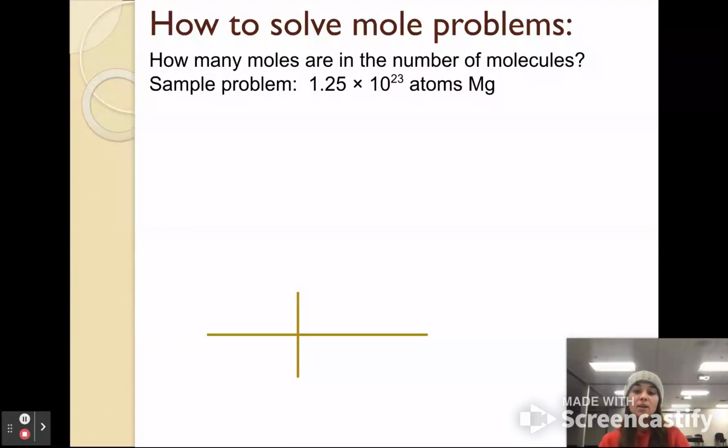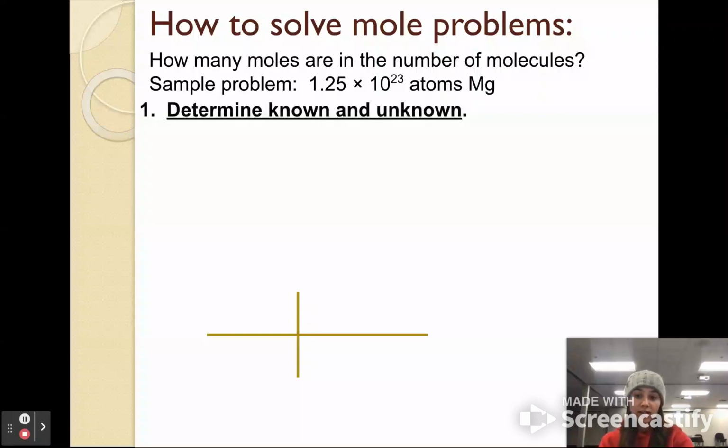So my question is, how many moles are in the number of molecules? So we're going from moles to molecules or molecules to moles. My sample problem, I have 1.25 times 10 to the 23rd atoms of magnesium. My question is, how many moles is this, right? So basically, how many moles are in 1.25 times 10 to the 23rd atoms of magnesium? First, this looks complicated, but I promise you guys will catch on so quick.